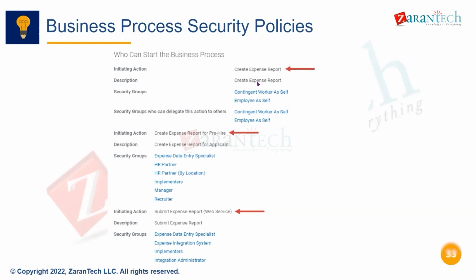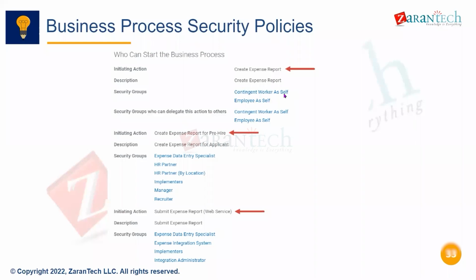Let's say for create expense report, ideally as an employee, I want to go and create my expense report and submit it. So the employee security group, the employee itself, will have access to the expense report. We provide the employee itself and the contingent worker itself.